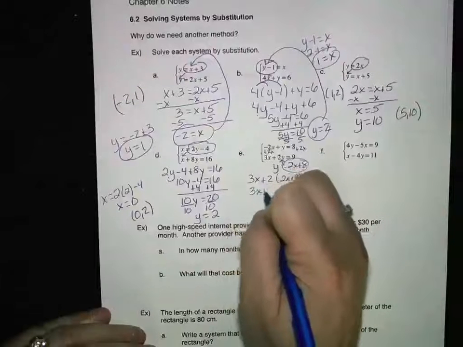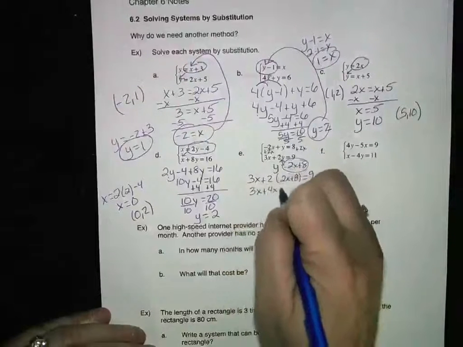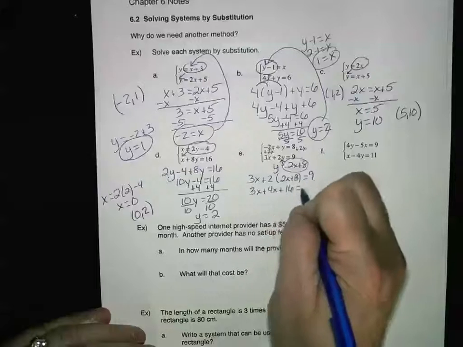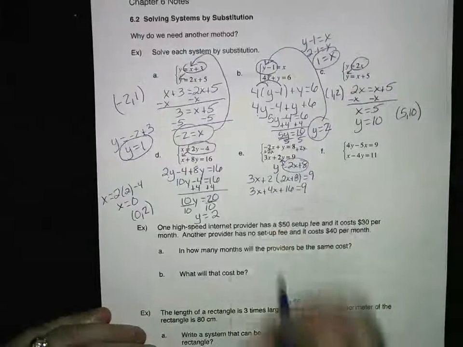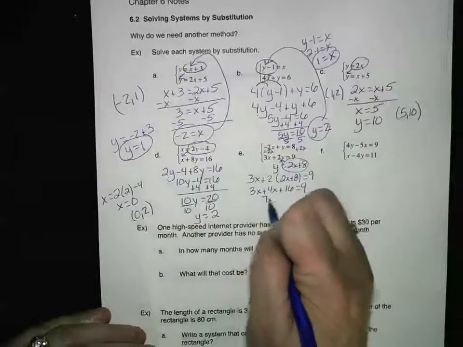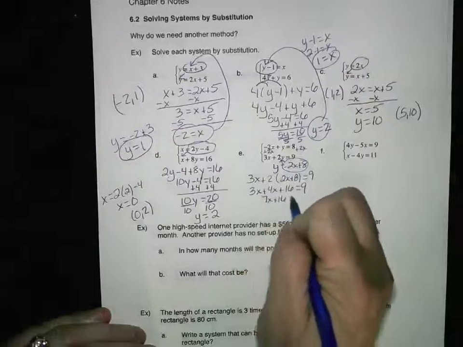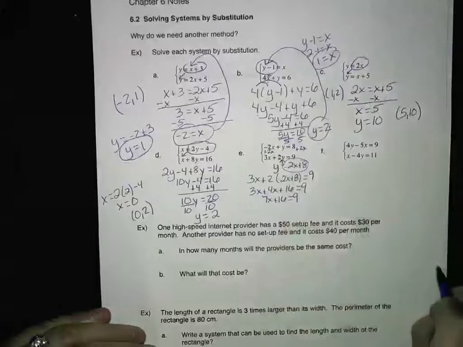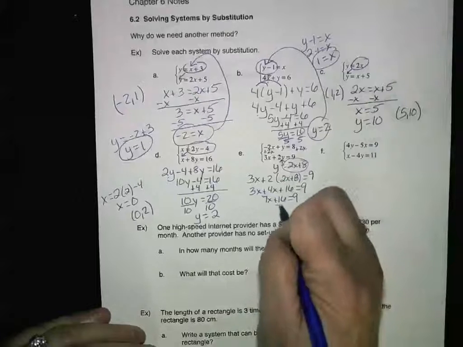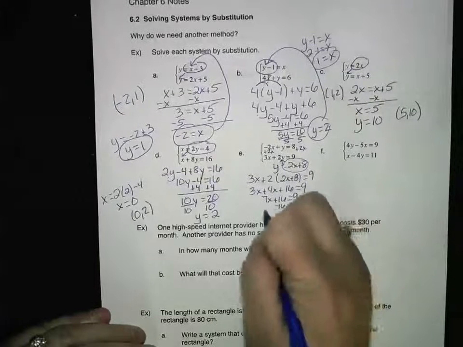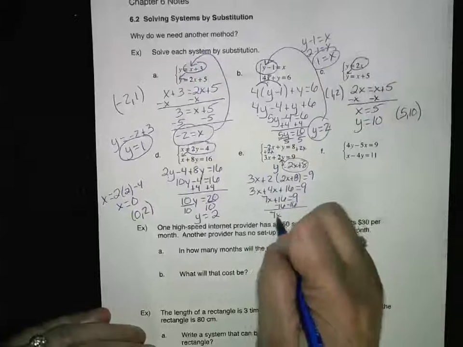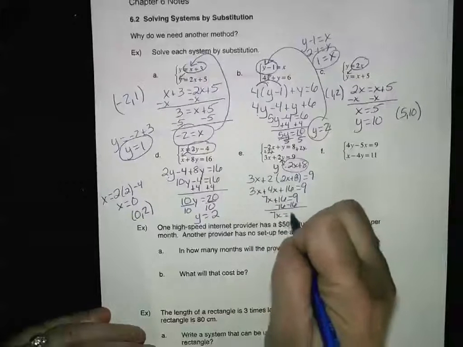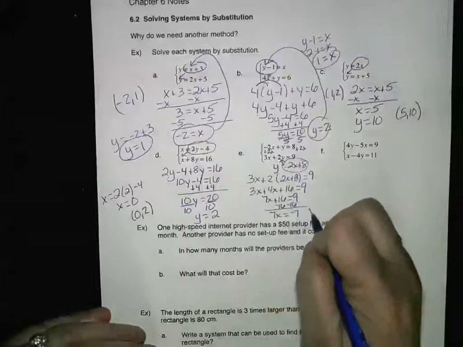And then we have 3x plus 4x plus 16 equals 9, which becomes 7x plus 16 equals 9. And we subtract 16 from both sides, and you have 7x equals negative 7.